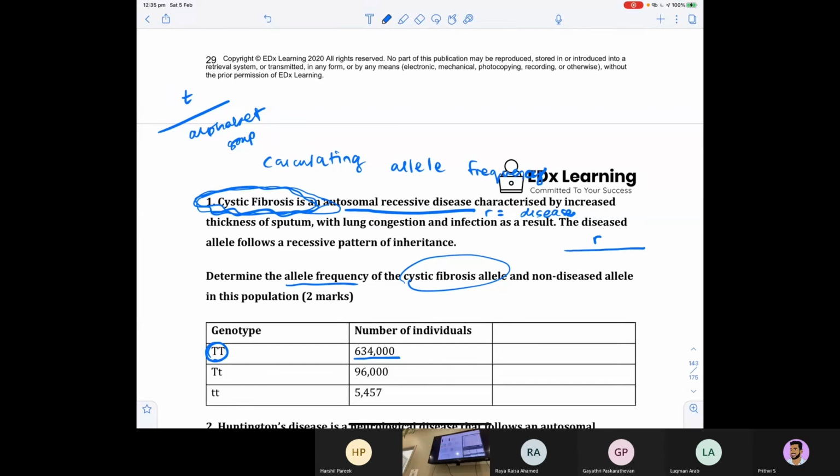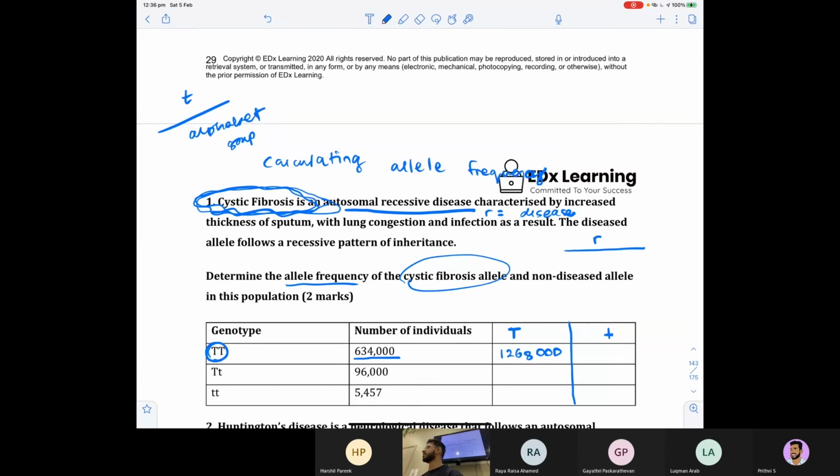Twice the amount. So we're going to do a little table here, capital T, and we'll write lowercase t. The amount of capital T you got there is 2 times that. Someone quickly do the maths. 1,268,000. Good. We've got that many big T's in this alphabet soup. Does that make sense to everyone?